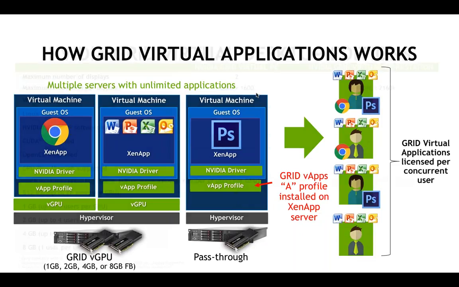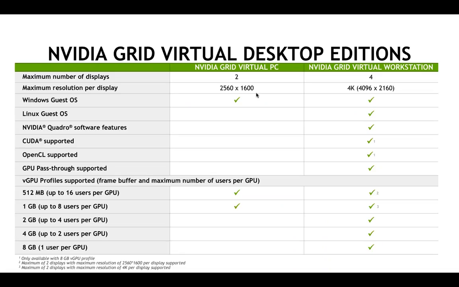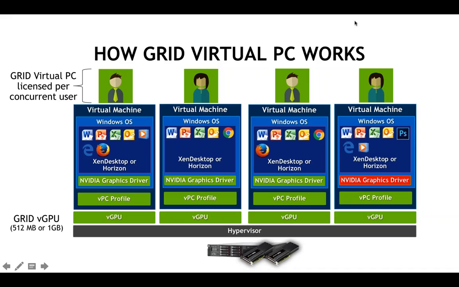As we dive a little bit more into looking at the differences between the virtual PC and the virtual workstation, it comes down to number of displays, resolution support, and then the amount of frame buffer that we can offer to our users. As you can see here, in this brief slide. From a virtual PC perspective, there are a couple of things that differ here.